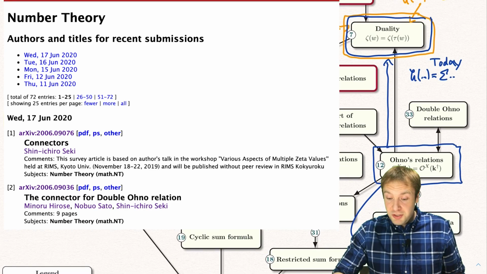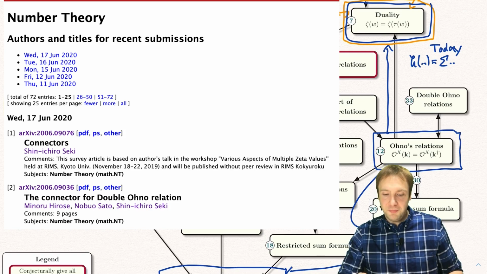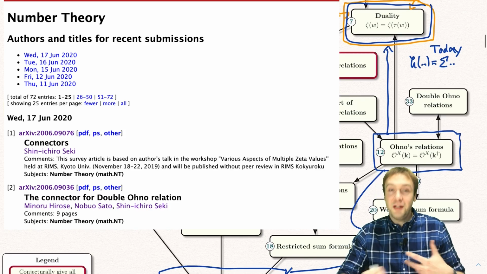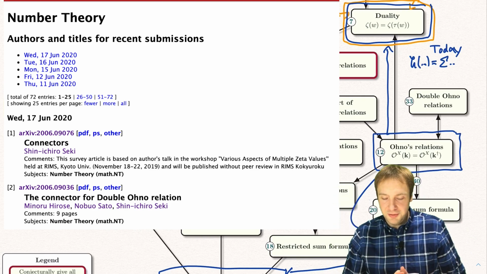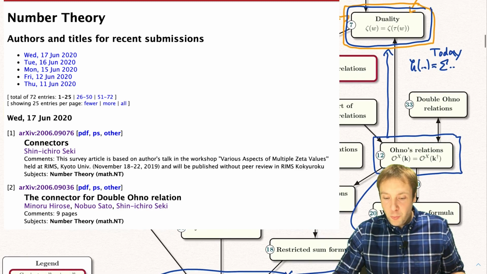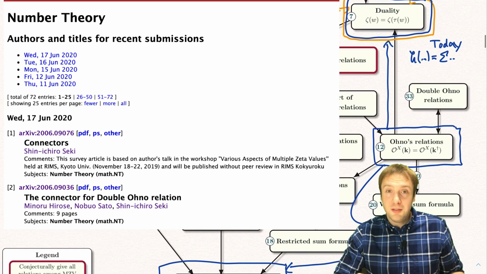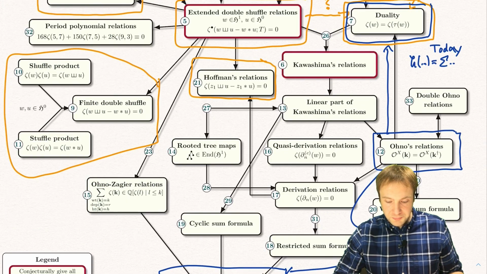So today we will just talk about one or two certain types of connected sums, but there are several different types of connected sums. In his overview article you can find a nice overview about where these connected sums can also be useful in other types of relations.